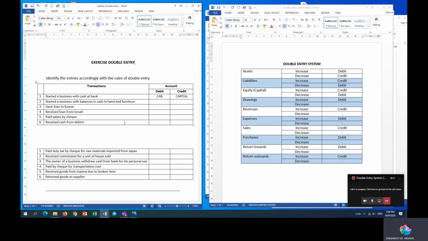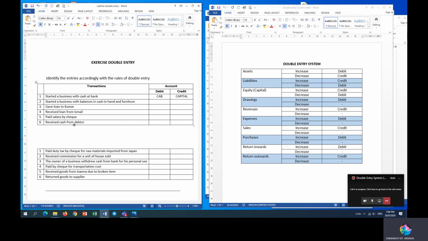Okay, so usually in order for you to prepare the journal and ledger, you will be given a number of business activities. This is a simpler version of business activities that I had. I'm using this to remind you on how we should apply the 3 steps of double entry.